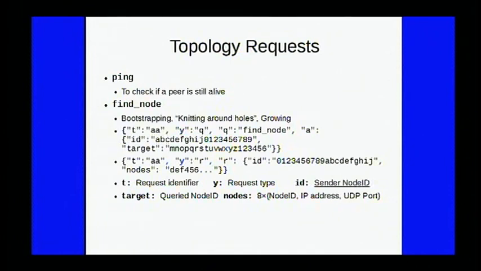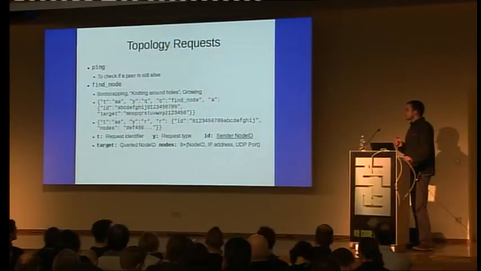The request ID is for request-response association for the RPC semantics. And the really interesting thing is that with each find node packet, we get the sender's node ID.